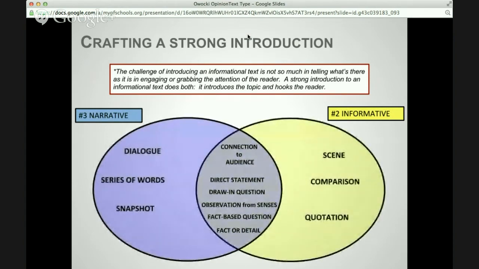And I think I showed you this the last time, where we took all the different ways that authors introduce pieces and showed how, between narrative and informational, we have a number of openings that are the same.